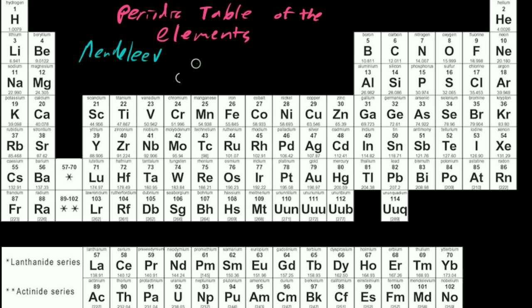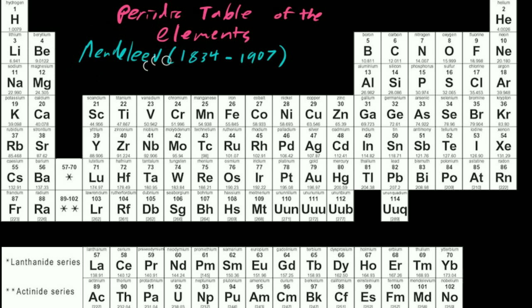He lived from 1834 until 1907, and he is the chemist that is mainly credited with the development of the modern periodic table.